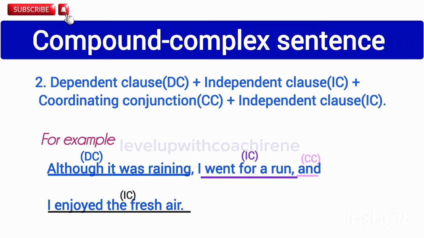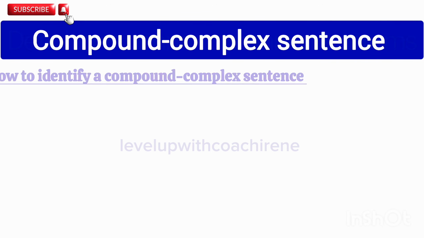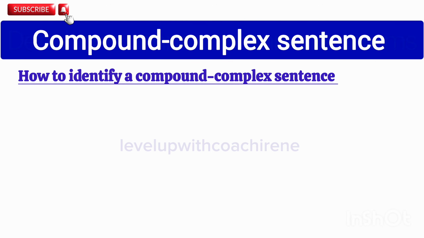Another structure of a compound complex sentence is an independent clause plus subordinating conjunction plus dependent clause plus coordinating conjunction plus independent clause. For example, we went out for dinner when the movie ended and we talked about the plot. Let us look at how to identify a compound complex sentence.